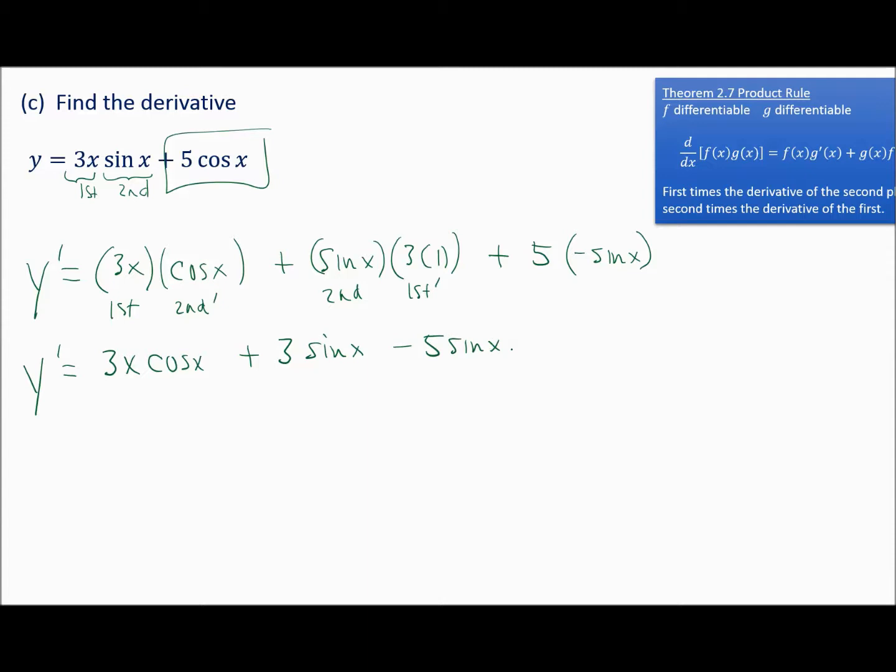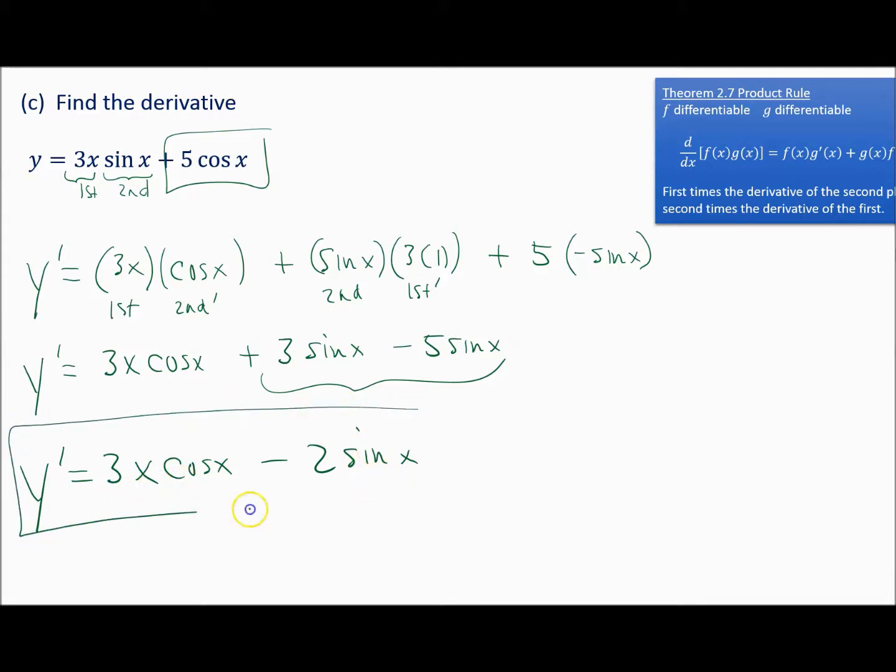And at this point, you should look for a greatest common factor, or even in this case, we have like terms. Look at here. I can combine those together. So I get y prime is equal to 3x cosine of x. And then positive 3 subtract 5 is going to give me minus 2 of these sine of x guys. And again, no greatest common factor, so I'm going to leave that as is, and there's your derivative.